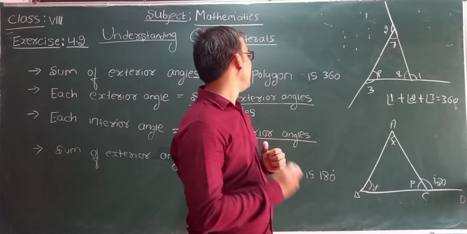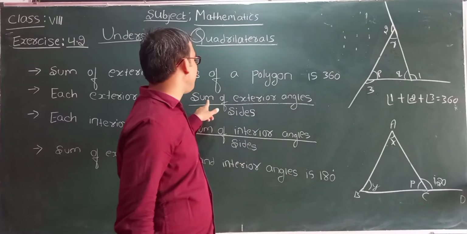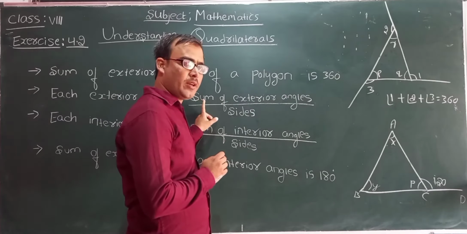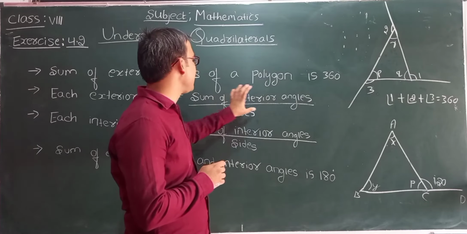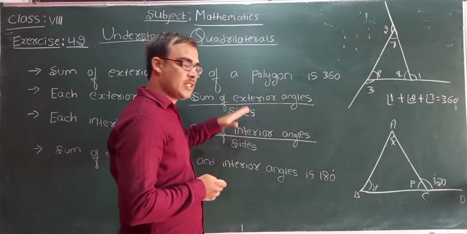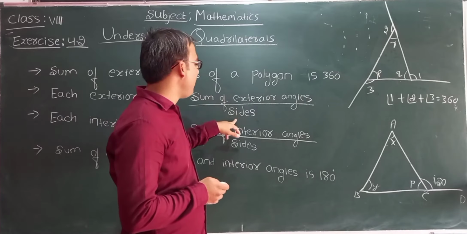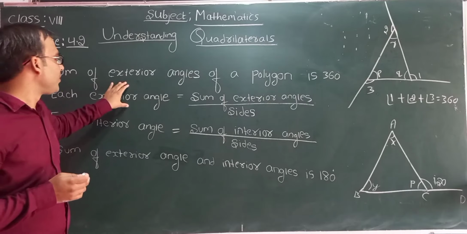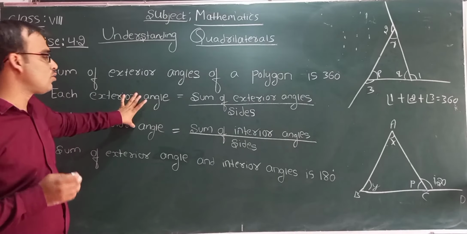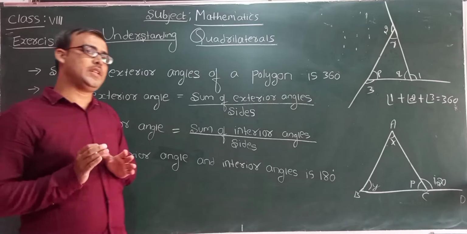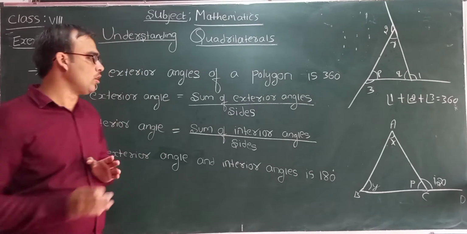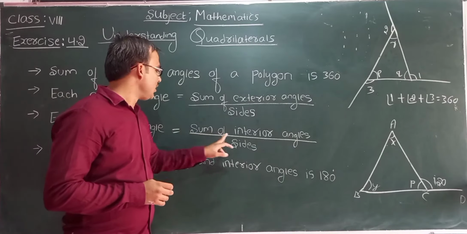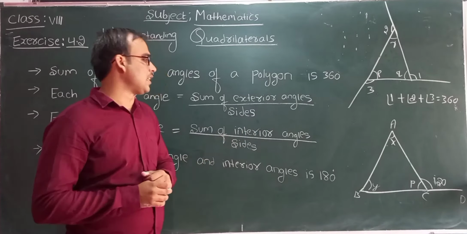First we write the sum of the exterior angles of the polygon, and next we divide that sum by the number of sides. These two formulas hold good only if the polygon is a regular polygon.